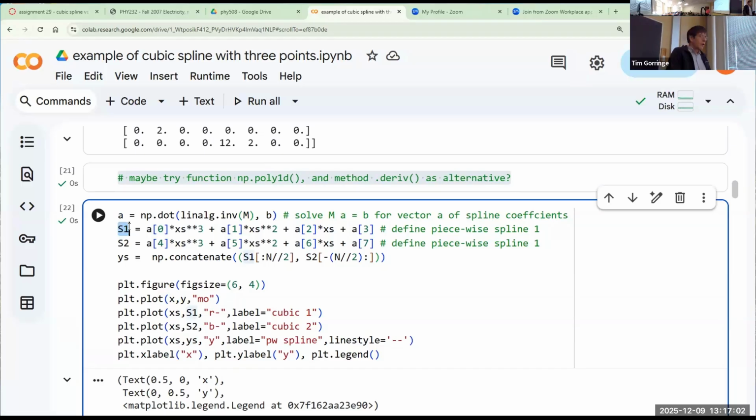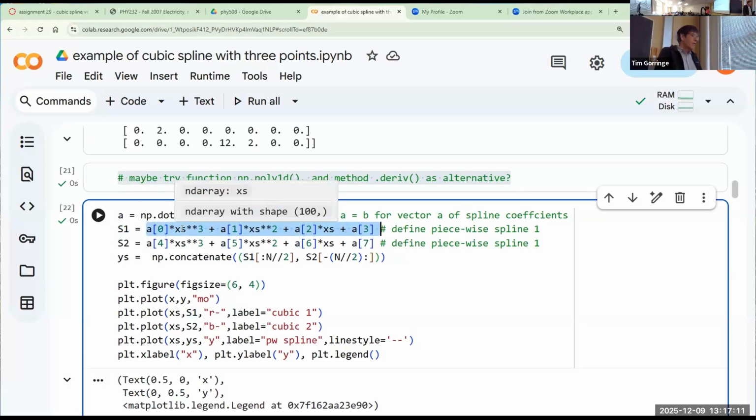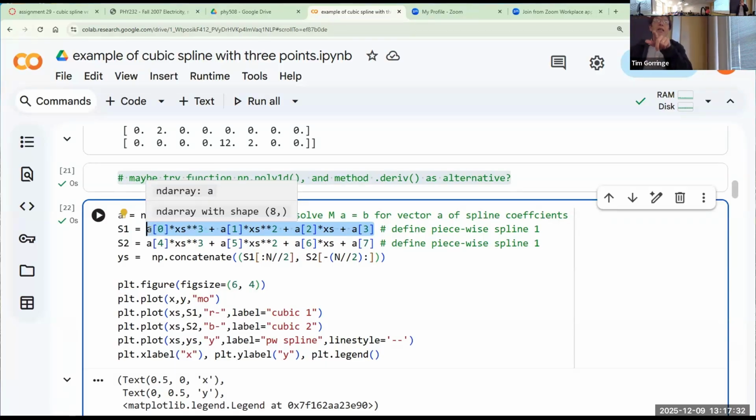Spline number 1 on the left-hand side, the one that's joining the first and the second data points, I can then construct using, remember, my proxy for a continuous variable that I defined, xs. I can construct a proxy for the continuous left-hand spline S1 in this way here by just multiplying the terms in powers of x by the appropriate coefficients.